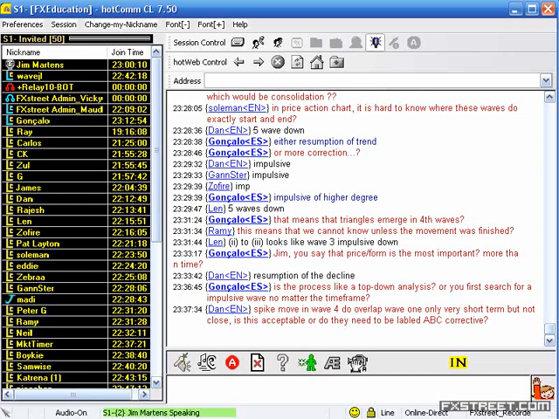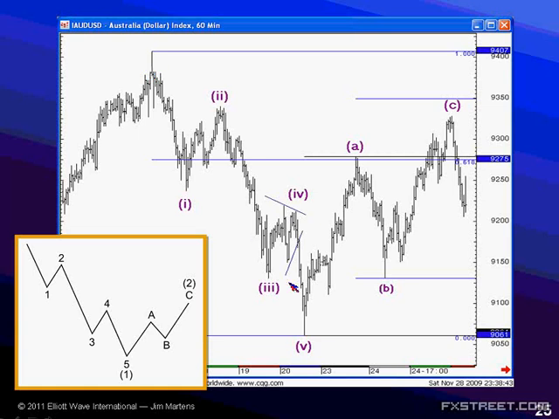That's looking one move ahead, looking 2 moves ahead, but I also expect that recovery to prove corrective. So having an idea of the trend on a larger degree gives you more than a hint of how that movement should unfold. If I believe it's going to be corrective, I'm looking for the zigzag, the flat, or the triangle, but I'm looking for 3-wave movements.